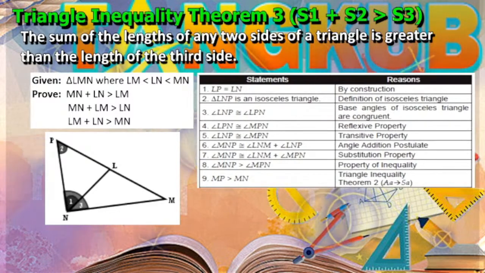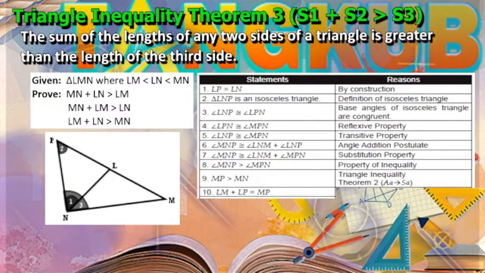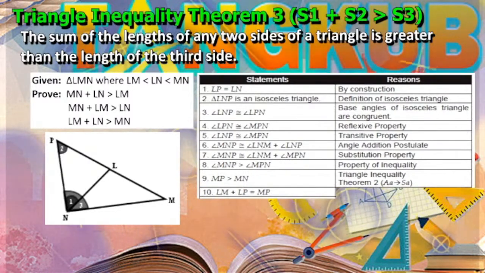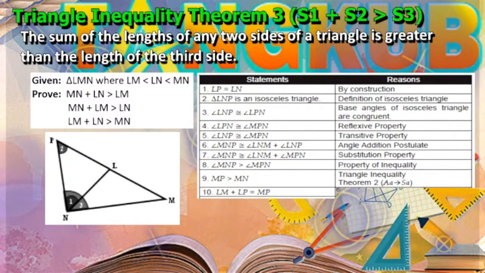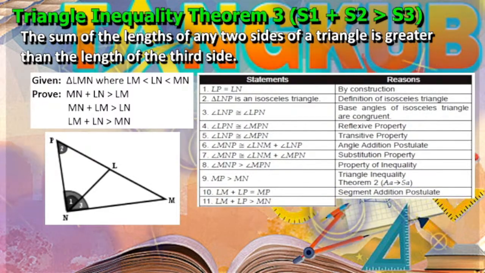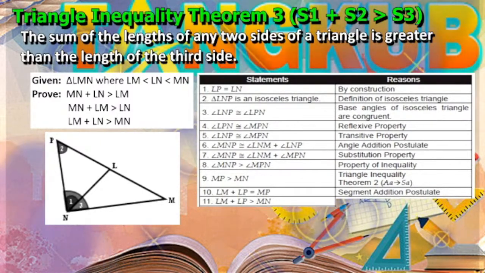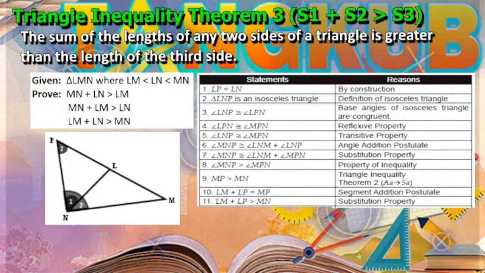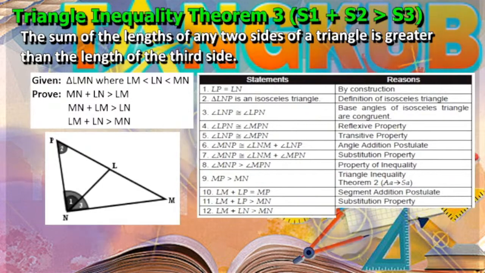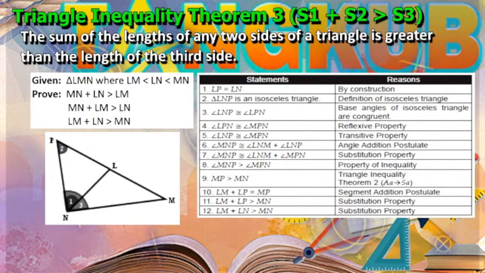Reason, triangle inequality theorem 2. And so, side LM plus side LP is equal to side MP. Reason, segment addition postulate. Side LM plus side LP is greater than side MN. Reason, substitution property. And with that, therefore, side LM plus side LN is greater than side MN. Reason, substitution property.